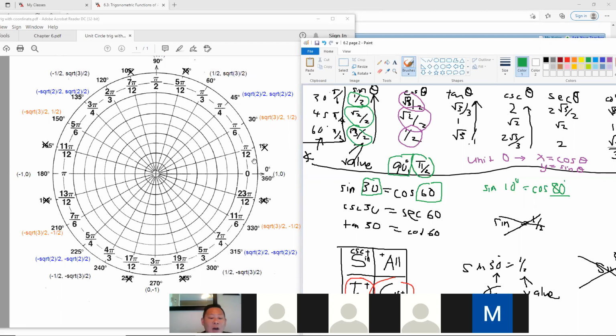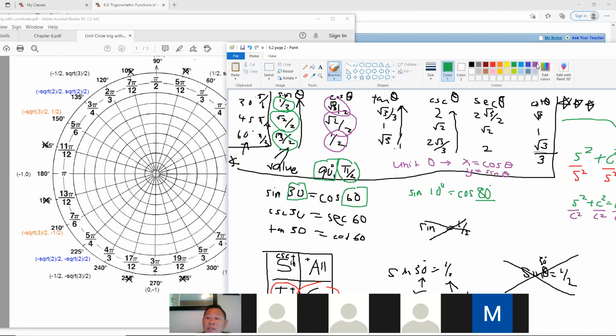Then the question is, how do we do the 0, 90, 180, and 270? Now, I just want to point out to you guys that when I use the word unit circle in this case, it means that your radius is 1.